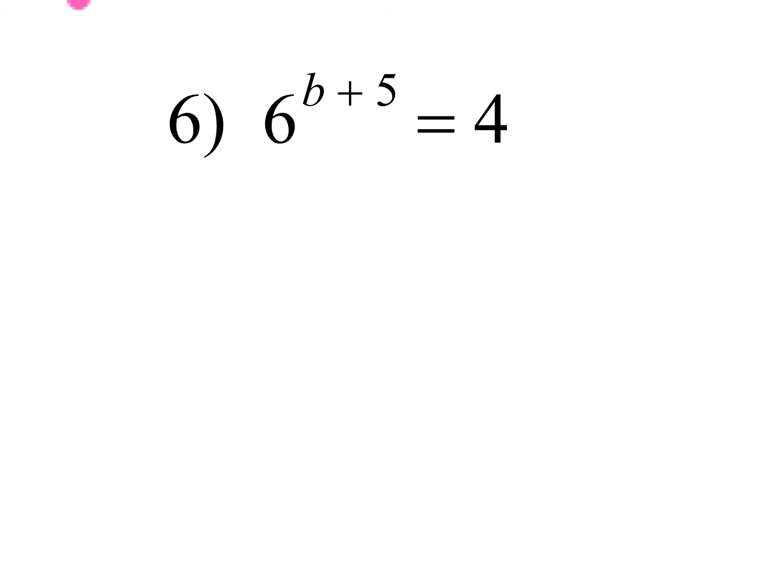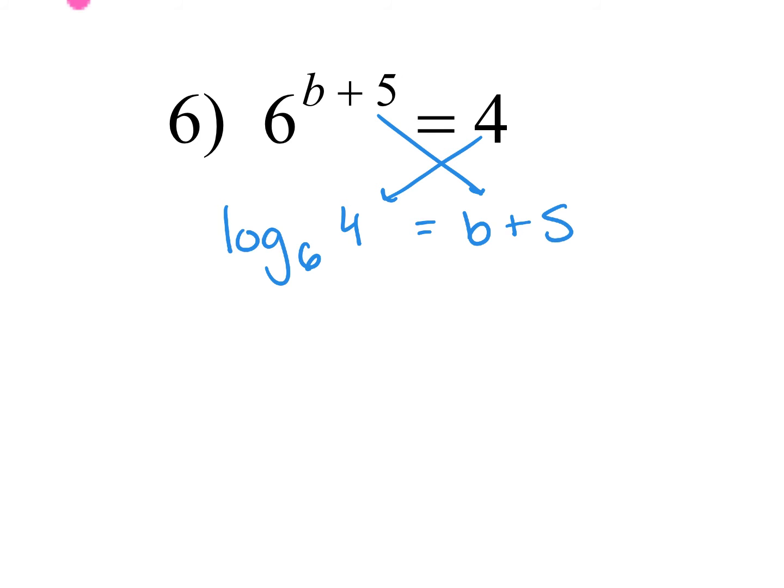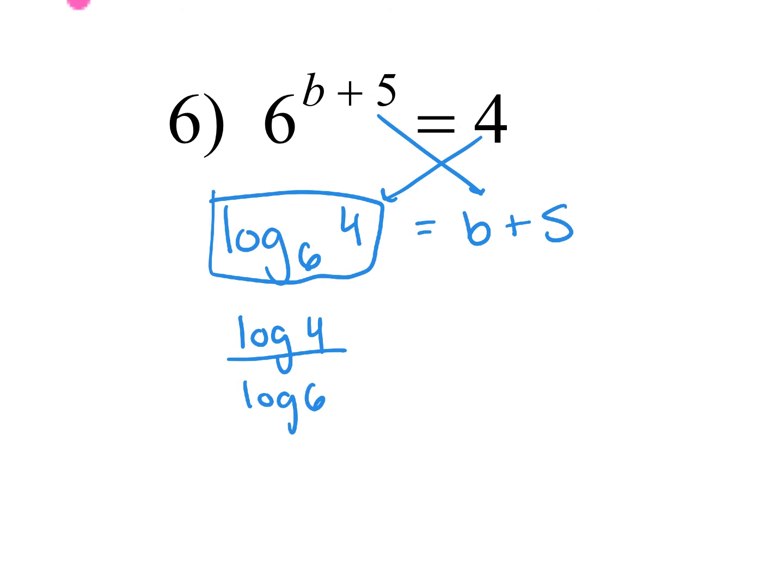So I want to put this into log form first. So I start with log. What's my base? 6. What would come next? 4. And then what's it equal to? B plus 5. What should I do next? Right, so I need to do the change of base. So I have log of 4 divided by log of 6. And I put that into my calculator.